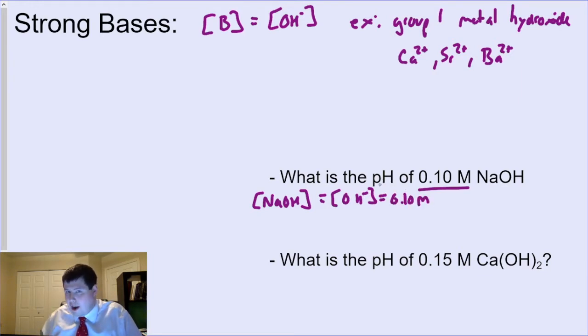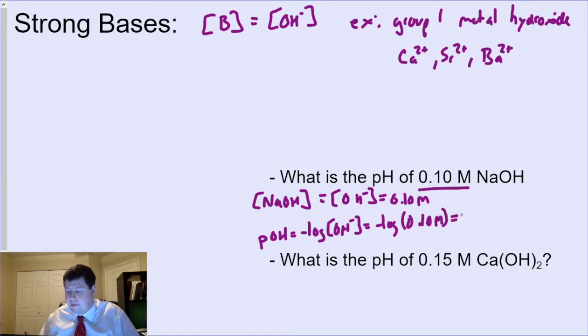Now I can't quite directly calculate pH from my OH minus concentration, so instead I'm going to have to use pOH first. Say that the pOH is minus the log of the OH minus concentration. So then I'm going to take minus log of 0.10 molar, and from that I'm going to get that to be 1.